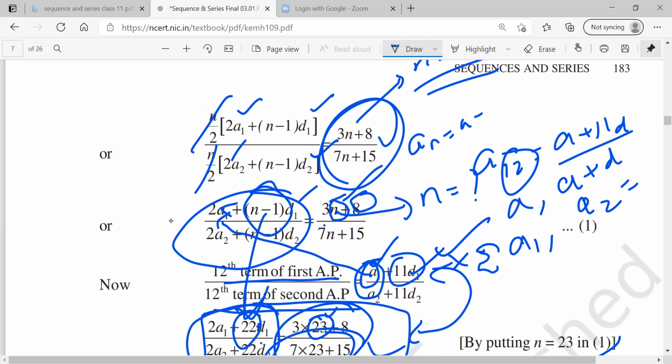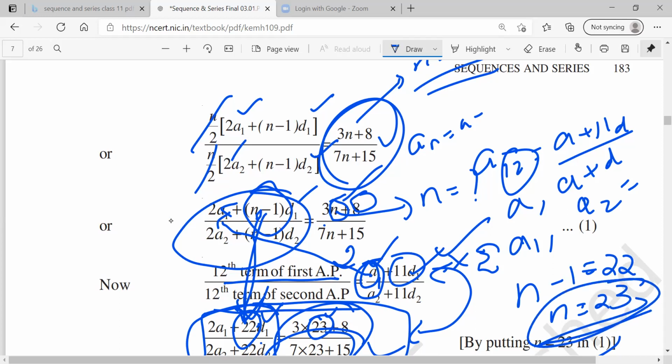If I multiply this by 2, 2a1 plus 22d1 will come. So this is actually matching with this. So n minus 1 value is 22. So what is the n value? If n minus 1 is equal to 22, n should be 23. So that 23 value I can substitute in this and I can get the ratio. That's all. Simple thing as this.